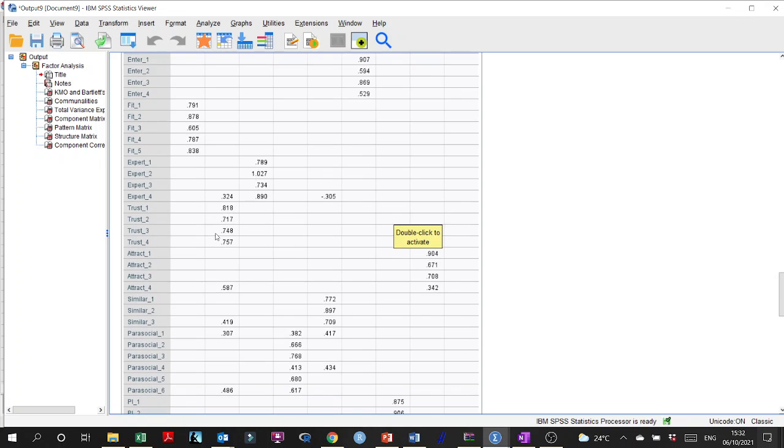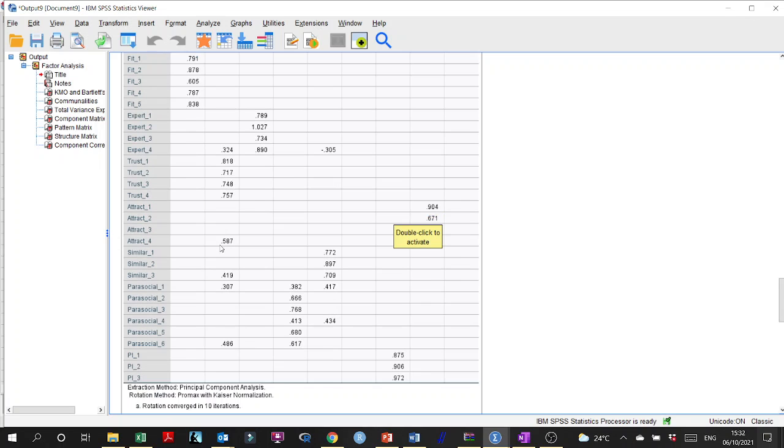Look at factor 2. You have most of the loadings here on trust. So you have trust 1 all the way to trust 4. You have double loadings here coming from other factors, coming from expert 4 to trust, coming from attractiveness to trust, coming from similarity, coming from parasocial.